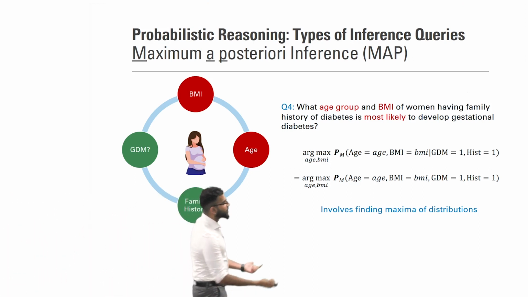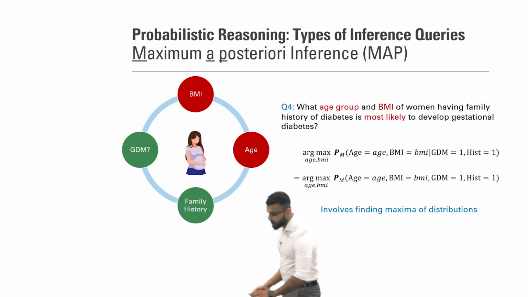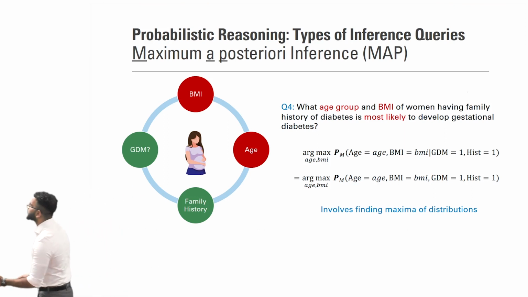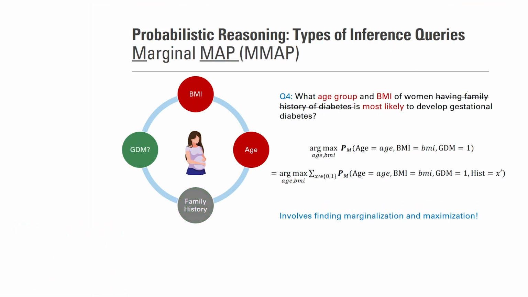So, in a mathematical sense, it boils down to computing what is called argmax, or the argument, or the variable values that maximize this particular probability. So, in this case, you'll be maximizing over the values of age and BMI from your joint distribution, right? So, it involves finding some sort of maxima of your probability distributions. So, this class of queries, we call map inference queries or maximum a posteriori inference. You can also have, now you can mix, yeah.